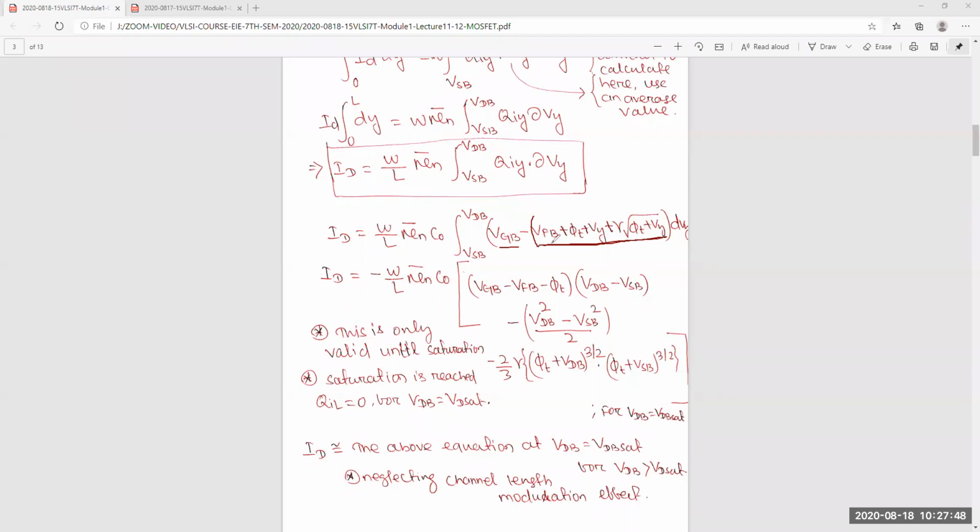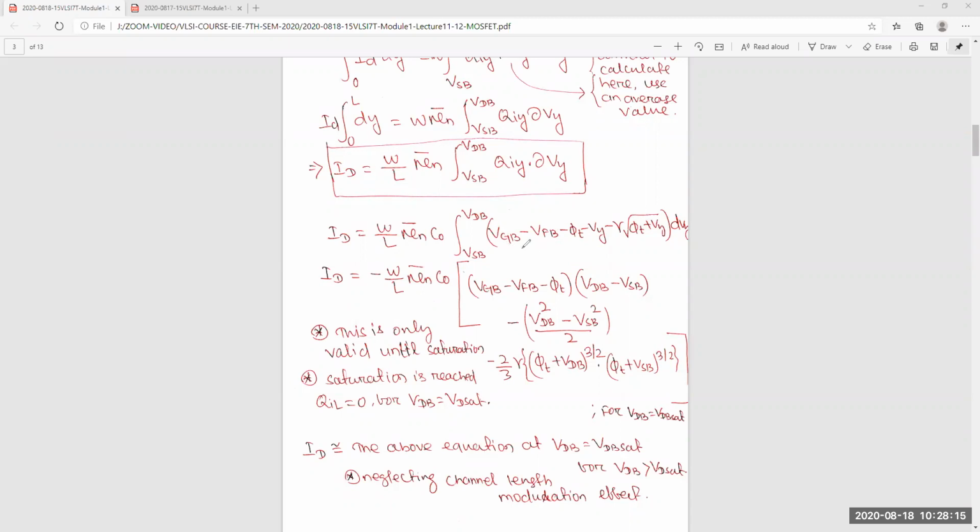This part is nothing but V_T(y), which we have already calculated. Now if you integrate this part, you will see three parts will be there. Don't get bored, actually it's a little bit long. You have to have patience.